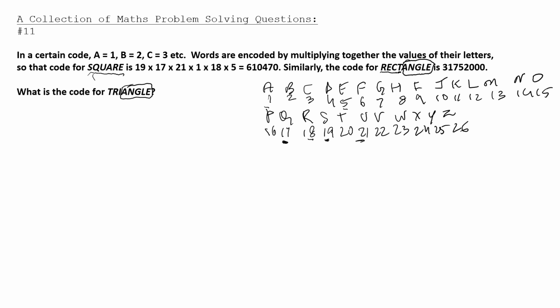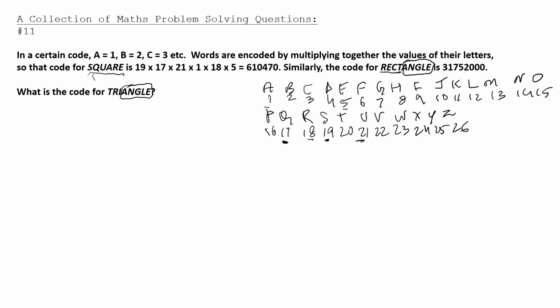So all we have to do is use the value of ANGLE and multiply with TRI, the corresponding numbers for T, R and I. So T is 20, R is 18, and I is 9.